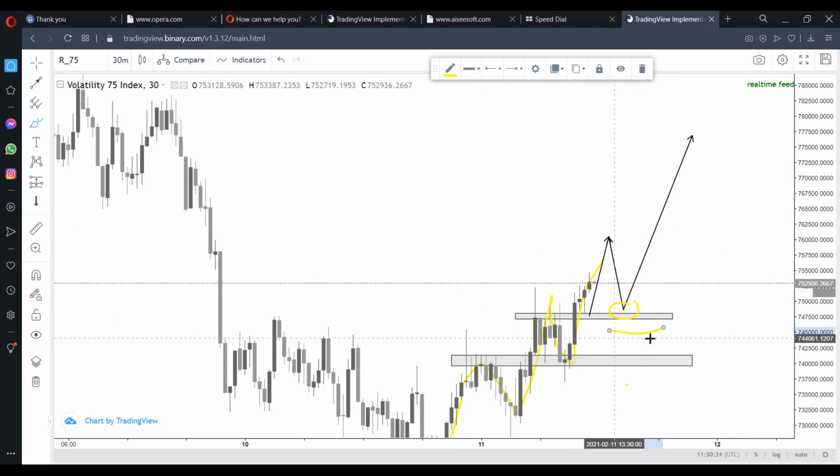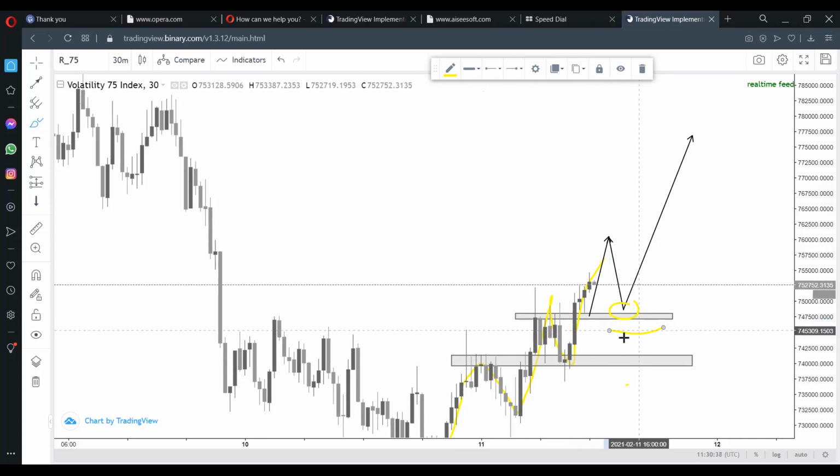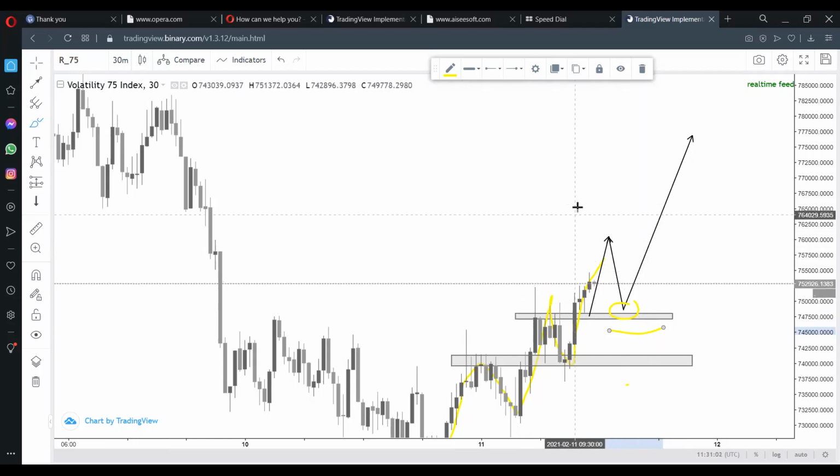If you place your trade around here and put your stop loss, and price hits your stop loss, it will cost you either $5 or $7 or a maximum of $10, and you are targeting this area for your TP. So always watch your reward ratio. Your profit should be higher than your losses. Don't risk 50% of your capital to gain 1% of your capital. It's very bad. We don't trade like this.